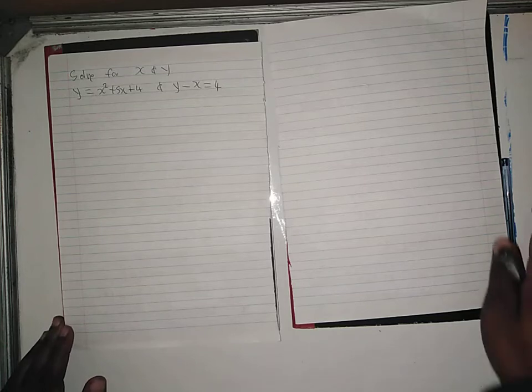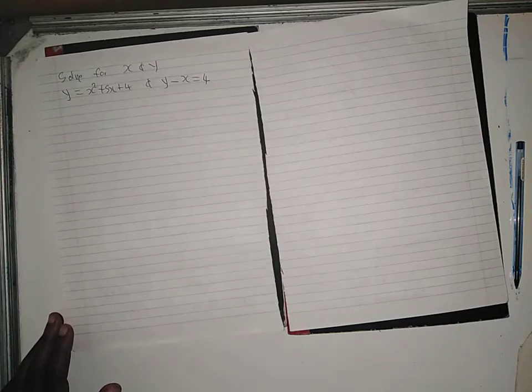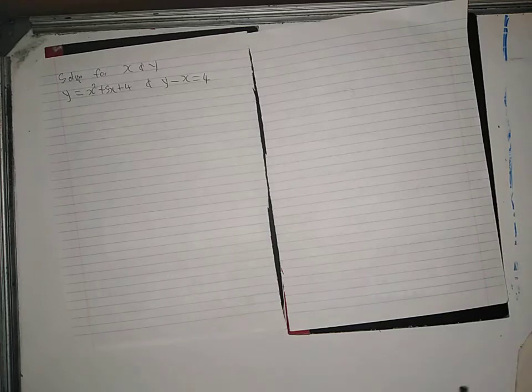Sometimes they can say solve for x and y. That means exactly the same thing. That means you must solve simultaneously. Sometimes they will just say find the point of intersection. So all of those things are the same things, ladies and gentlemen. Okay, they are exactly the same things.